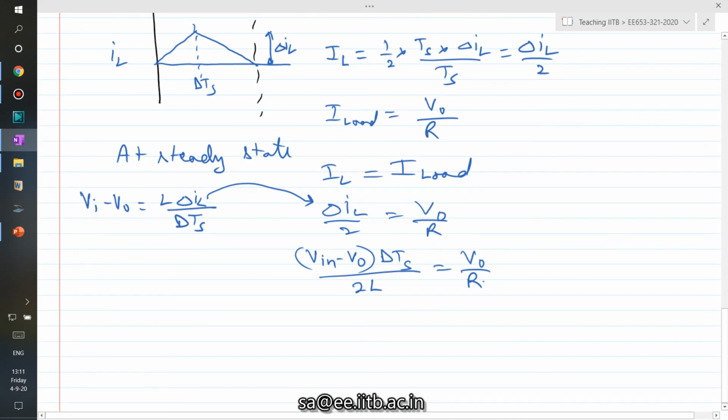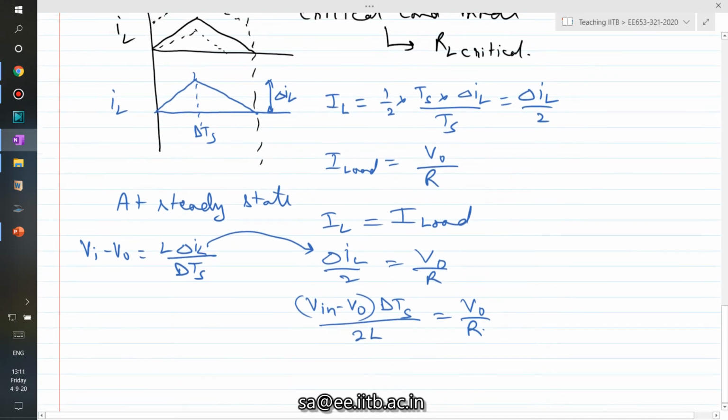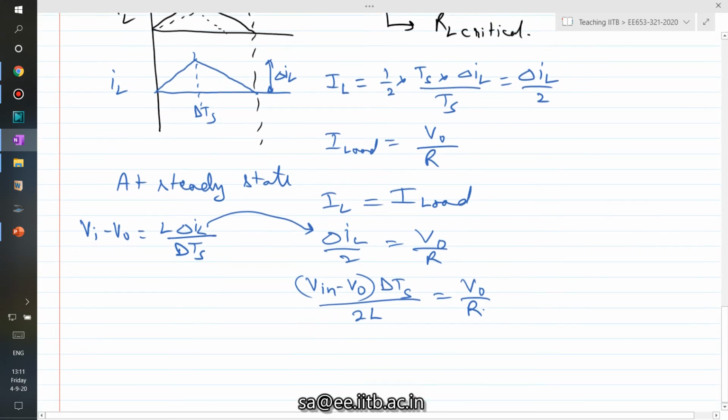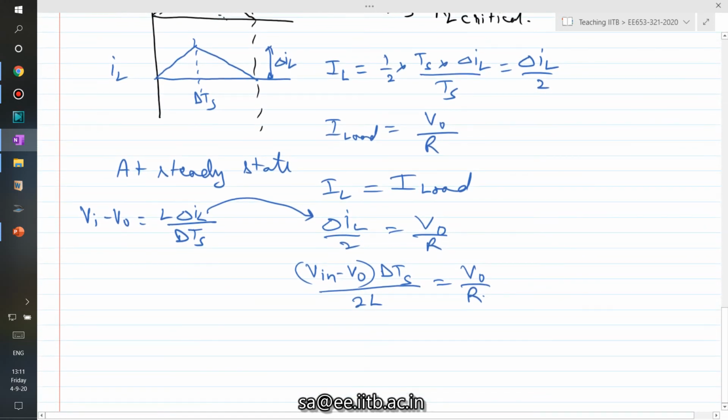I can substitute, because you are still operating at the boundary of CCM and DCM, so the output voltage relationship is still applicable. Once you go out of continuous mode, it will no longer be valid, but till now VO is equal to D times V in is valid.